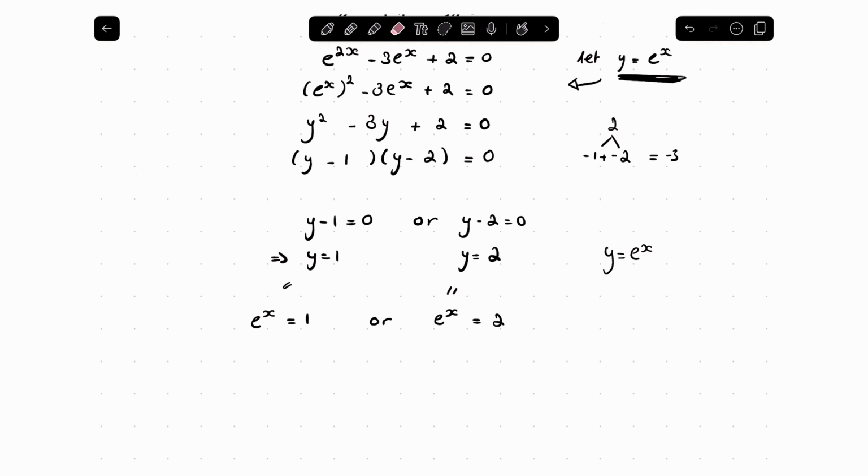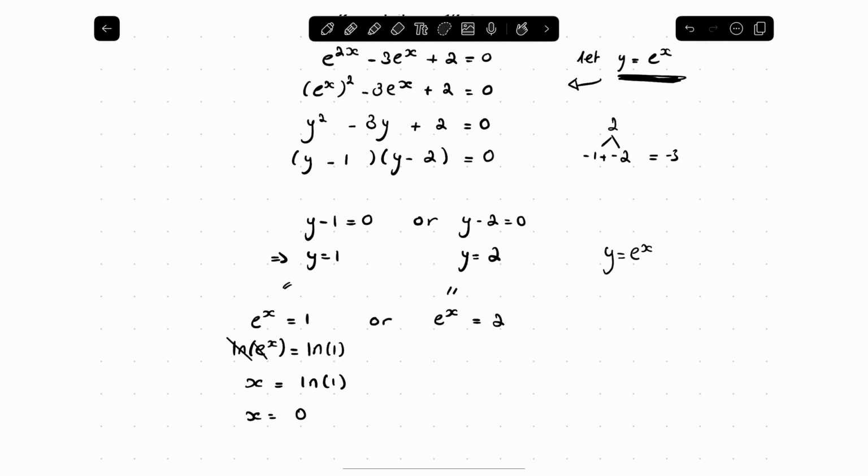Let's see, we take natural logs of both sides, so we have natural log of 1. Here again, this one and this one cancel, so we have x equals natural log of 1. And natural log or log of 1 doesn't matter, the base is always 0. So x equals 0.